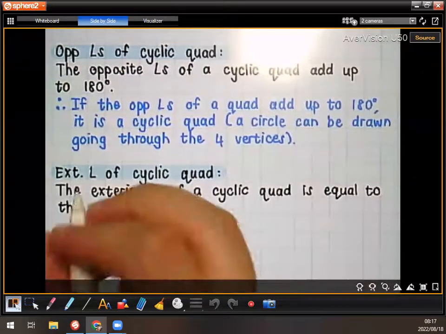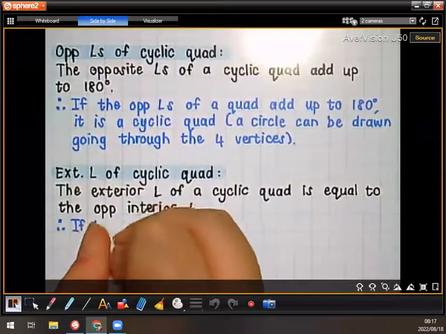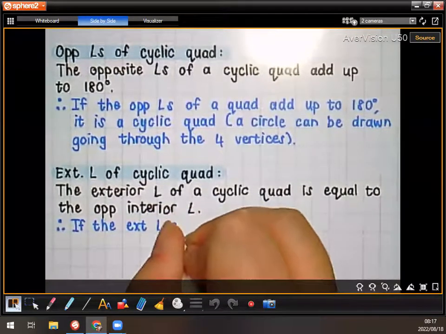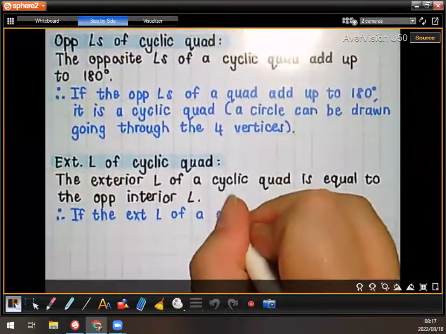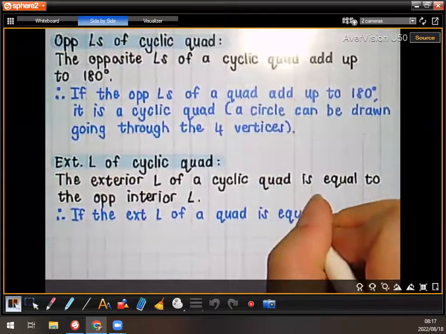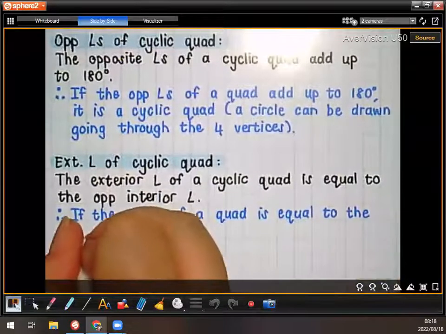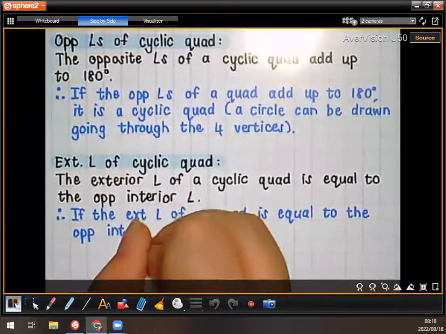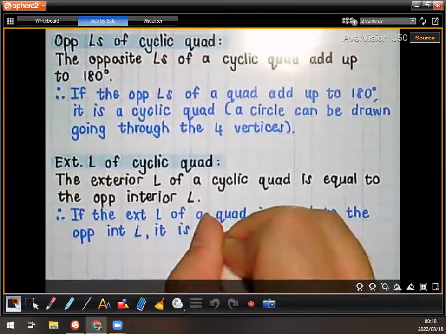Okay, so I'm going to put that in blue again. So therefore, if the exterior angle of a quad is equal to the opposite interior angle, it is a cyclic quad.